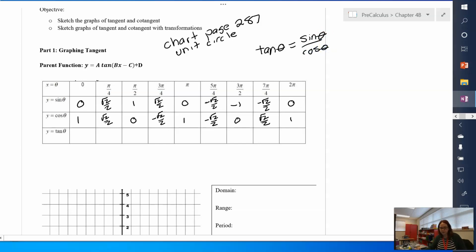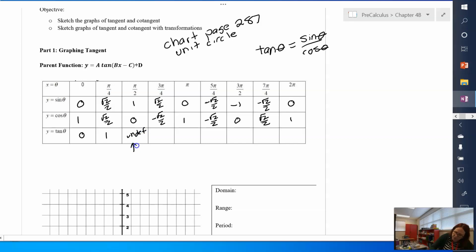So all I'm going to do is take my first row and divide it by the second row. So for 0, tangent of theta is going to be 0. And then for pi over 4, it's going to be 1. And then pi over 2, I have a 1 over 0, so that's going to be undefined.